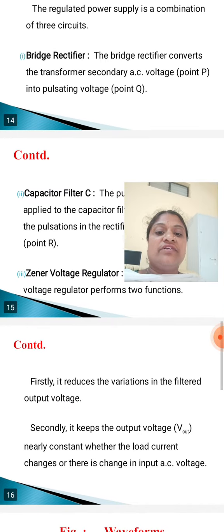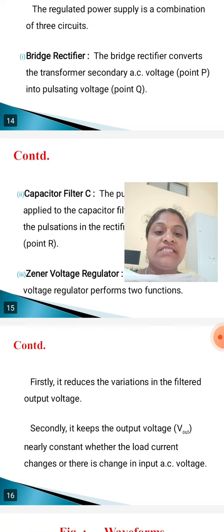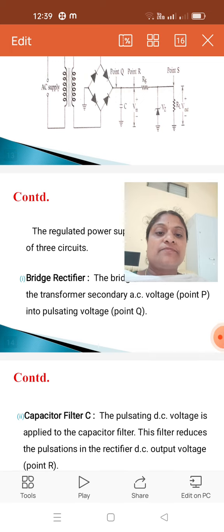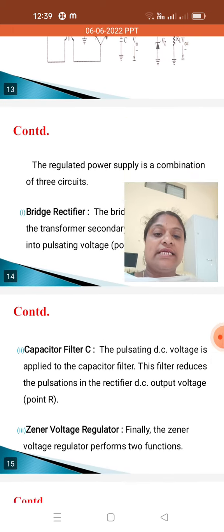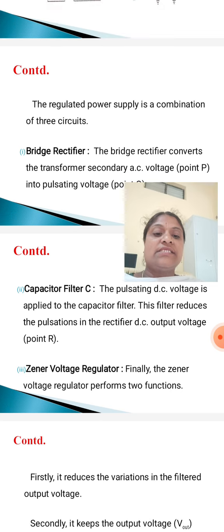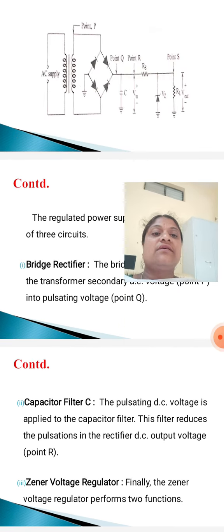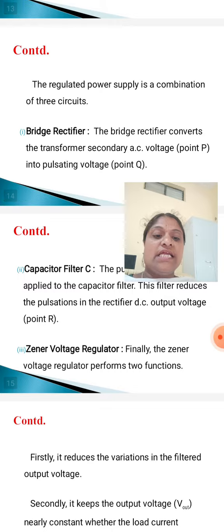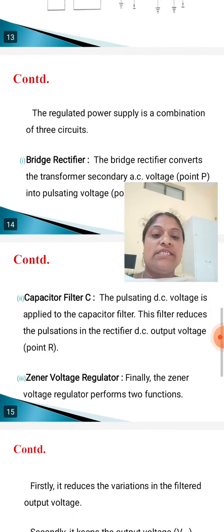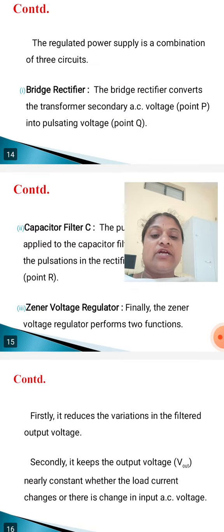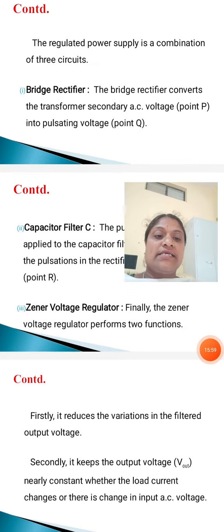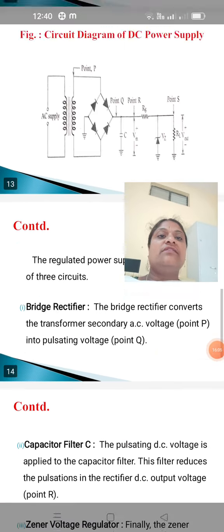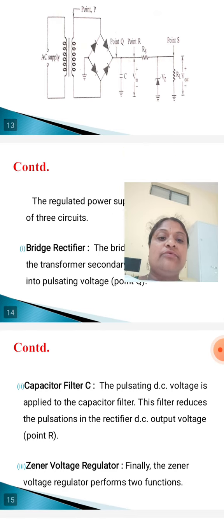Firstly, it reduces the variations in the filtered output voltage, and secondly, it keeps the output voltage nearly constant, whether the load current changes or there is a change in the input AC voltage.